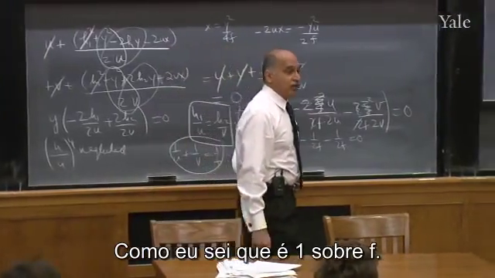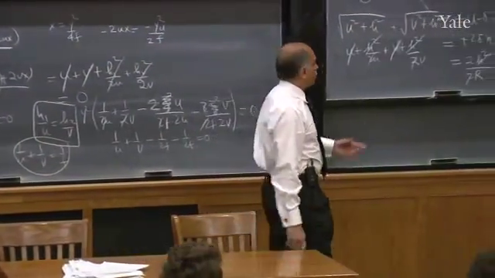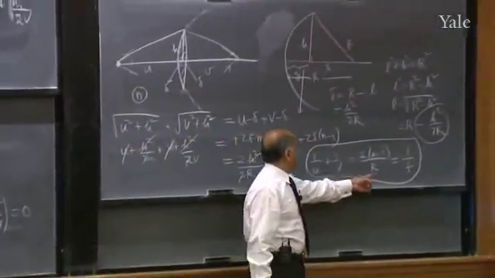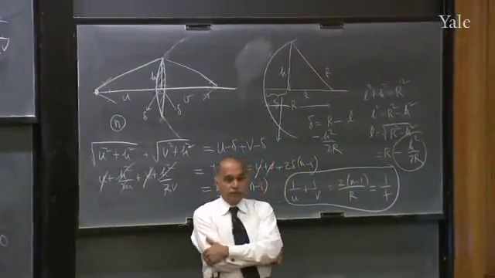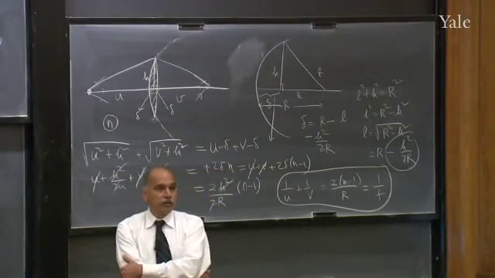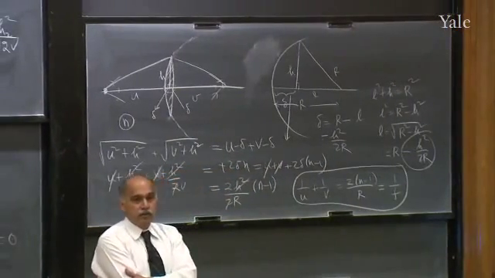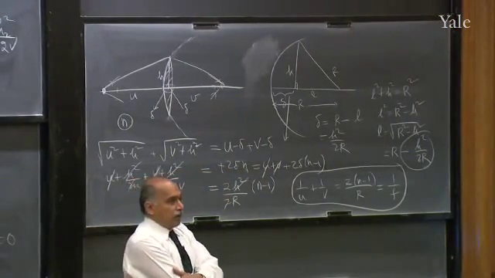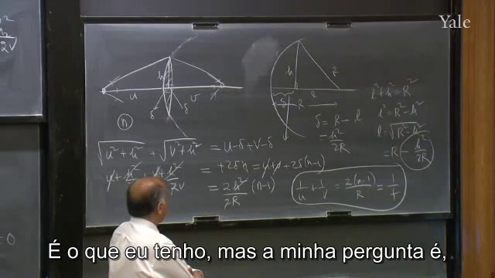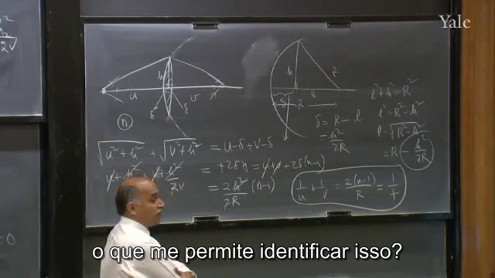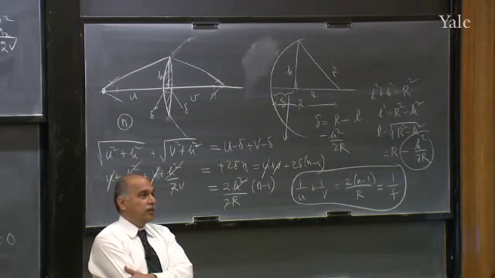How do I know that's 1 over f? Can you tell me? Why should I call this quantity that I get 1 over f? It is what I got, but my question is, what allows me to identify that?